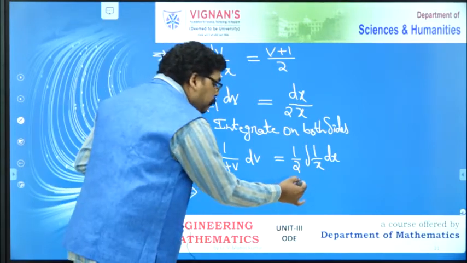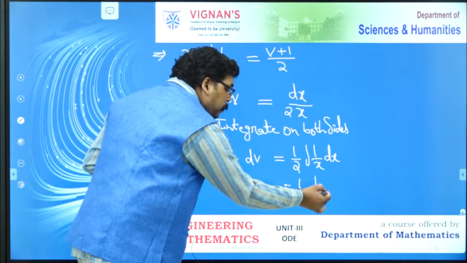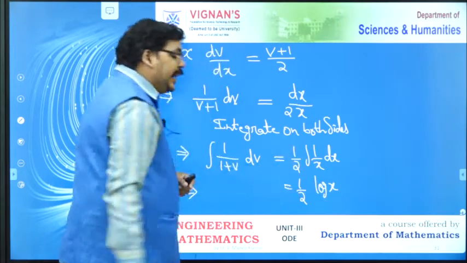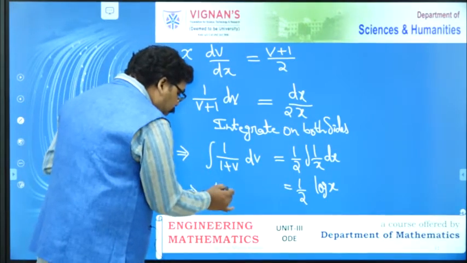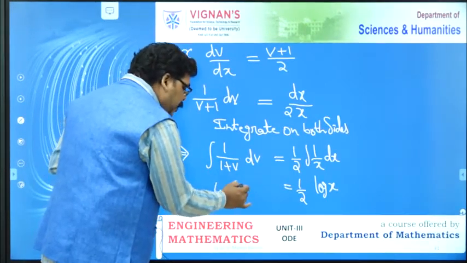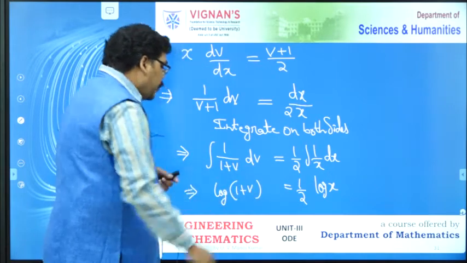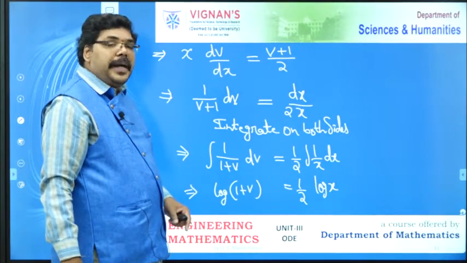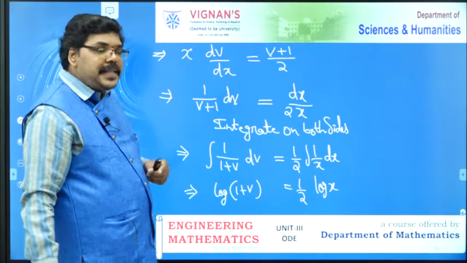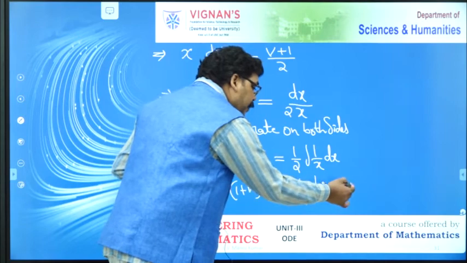Similarly, integral of 1 by v plus 1 is log v plus 1 or 1 plus v, both are same. So after integration we will get log 1 plus v equals 1 by 2 into log x plus integrating constant c.